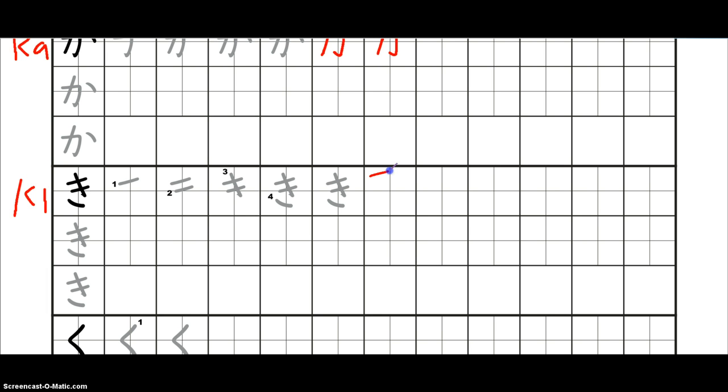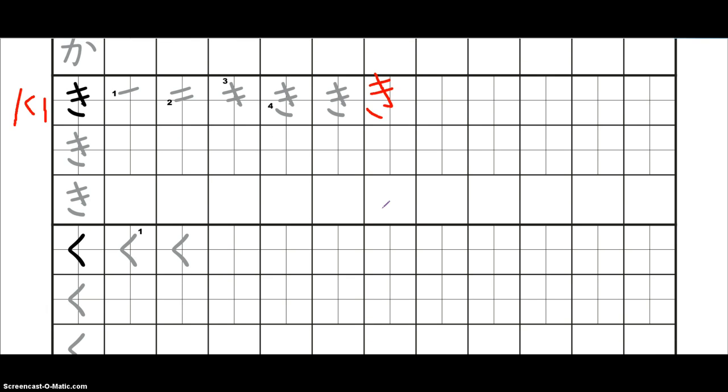Then we have Ki. So Ki will be like that, two strokes, and then like that. Okay, now Ku. Ku is quite easy, it's just like that.